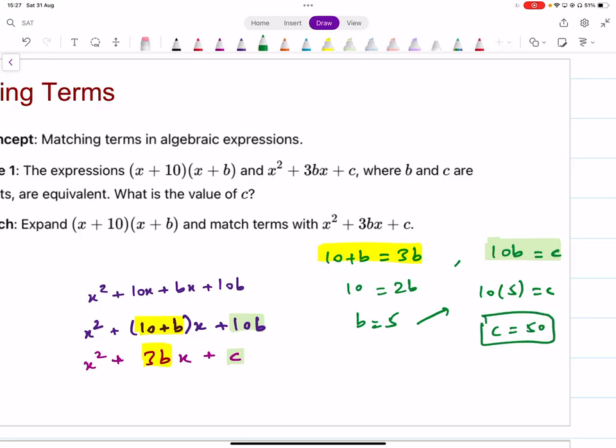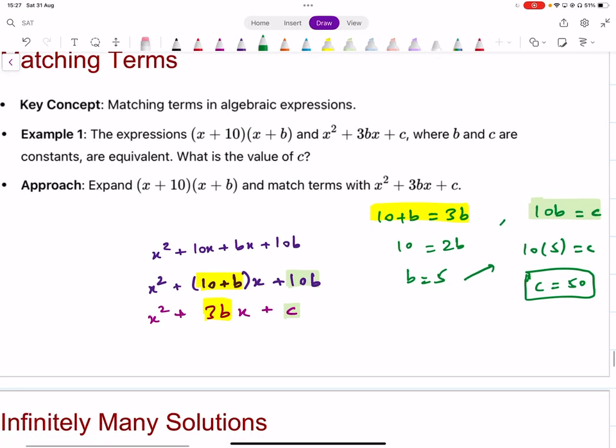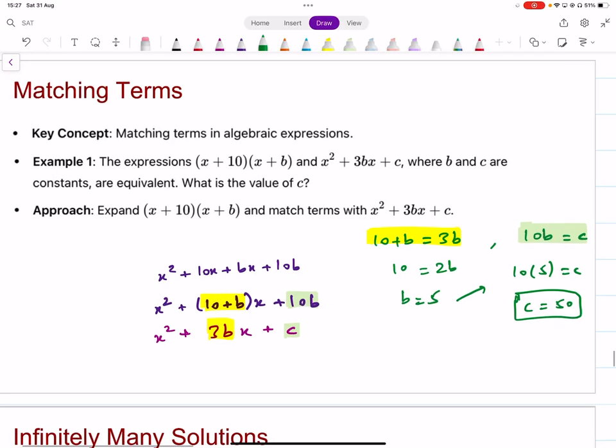And that is what we were looking for. Is that okay? So sometimes we have to compare coefficients like this. Since the two expressions were equivalent, we converted them to a similar form, simplified both of them, and then compared them.